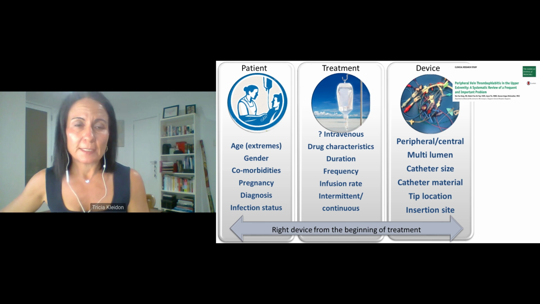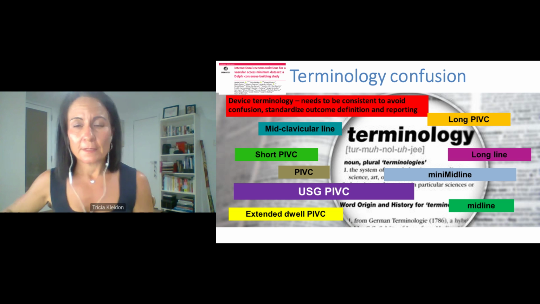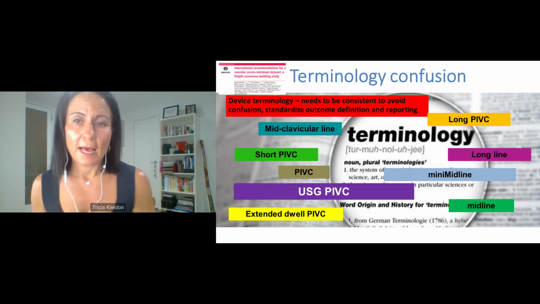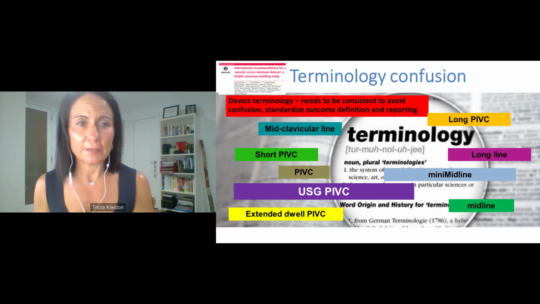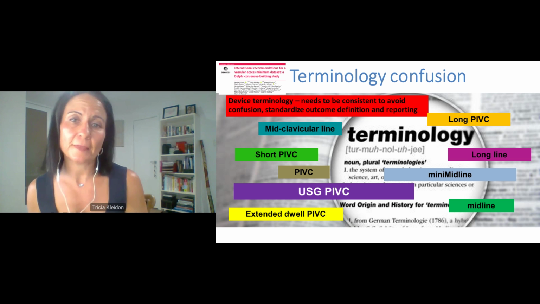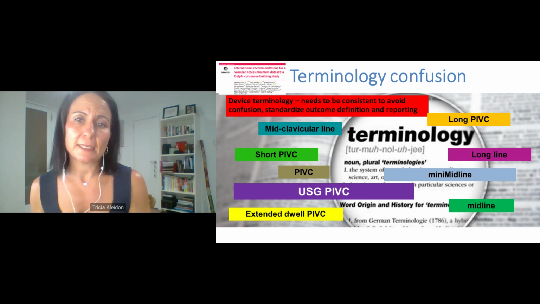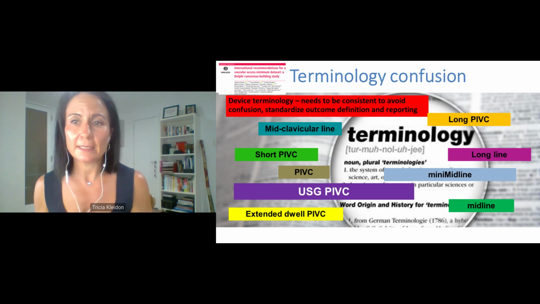So now that we've looked at the risk factors for thrombophlebitis or failure, and when it's appropriate to infuse through a peripheral intravenous catheter, we also need to have a look at the terminology that is being used, because there's quite a lot of terminology used to describe different peripheral intravenous catheters, and this was one of the big changes in the new edition of the infusion therapy standards.